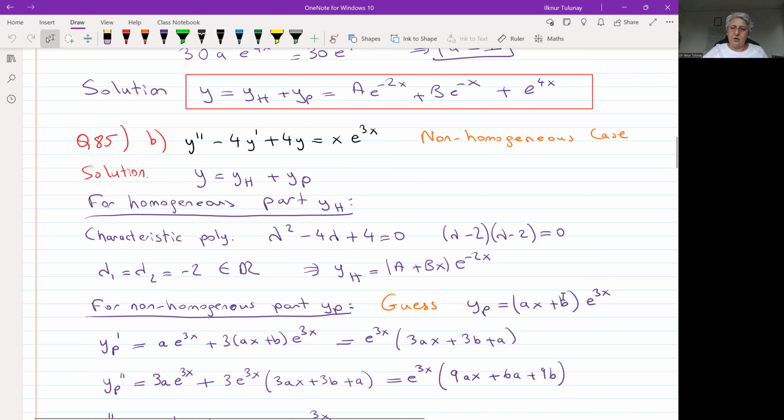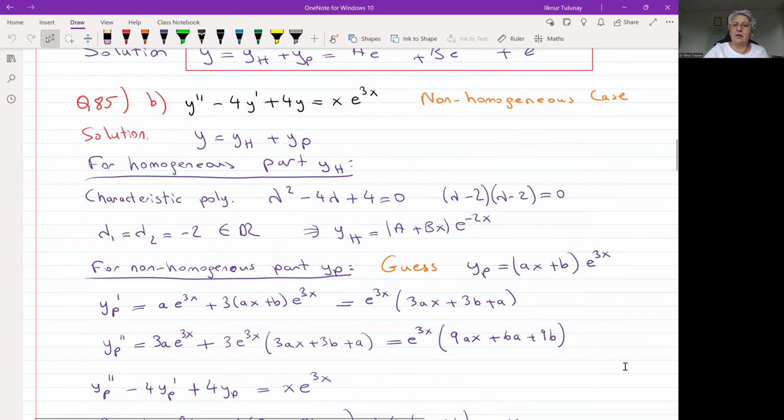The derivative will be a e to the 3x plus 3 times e to the 3x times (ax plus b). Let's tidy up: e to the 3x times (3ax plus 3b plus a).